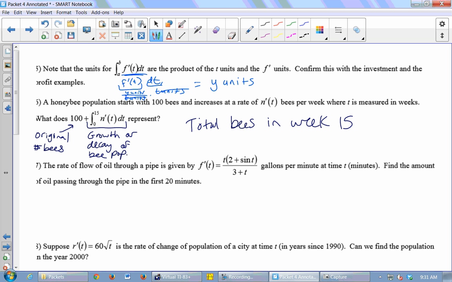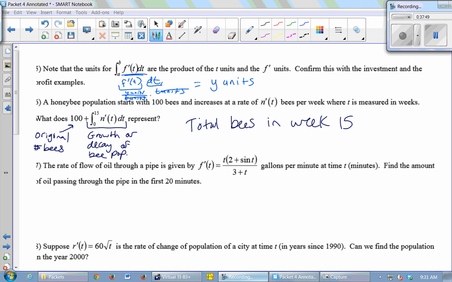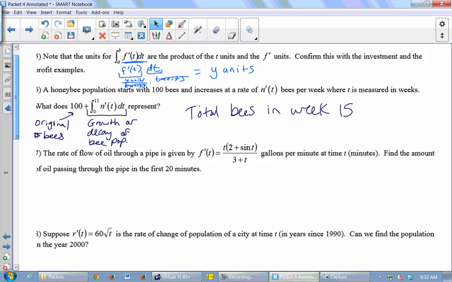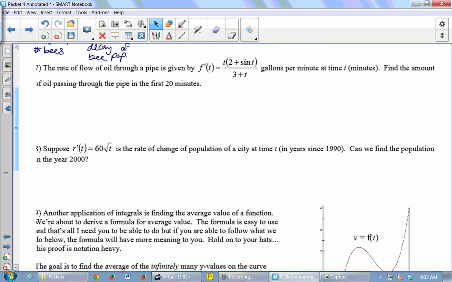All right, so here's another one. The rate of flow of oil through a pipe is given by this derivative function because this is a rate. So we're going to call it f prime, measured in gallons per minute at time t. Find the amount of oil passing through the pipe in the first 20 minutes. Discuss in your groups. Come up with a strategy. All right, so most people have a good setup for this. If we know the rate of change, we can find the total change by taking the integral.